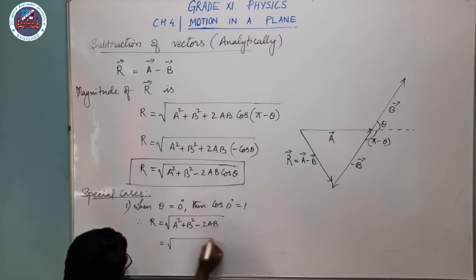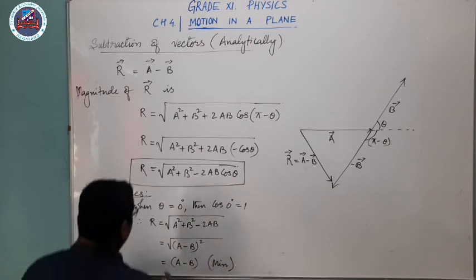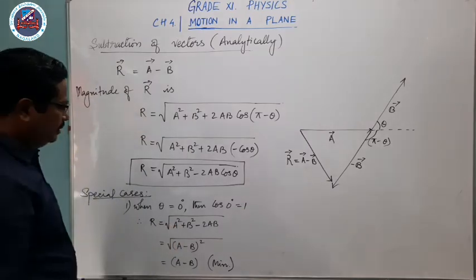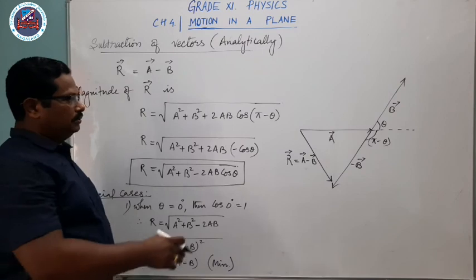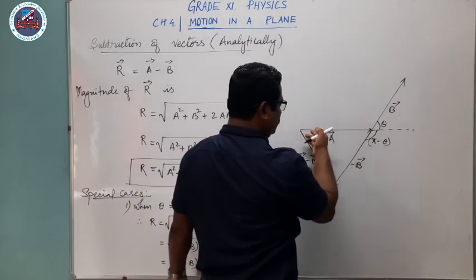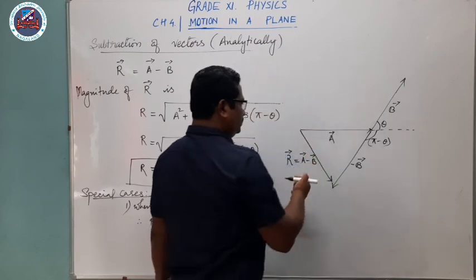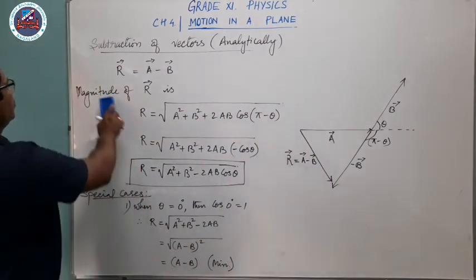Ultimately, you will get A minus B the whole square, so the resultant is A minus B. This is the minimum value you get when A and B are at an angle of 0 degree. Suppose A is going this side and B is coming this side, overlapping in the opposite direction, the resultant value will become A minus B.